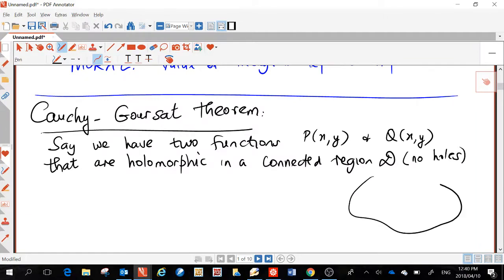So a connected region is like that. There are no sections that are removed from it. There are no holes. Then you find that ∂P/∂y will be equal to ∂Q/∂x.